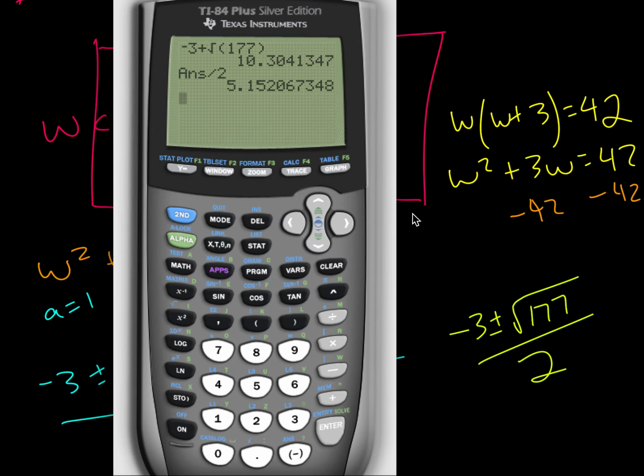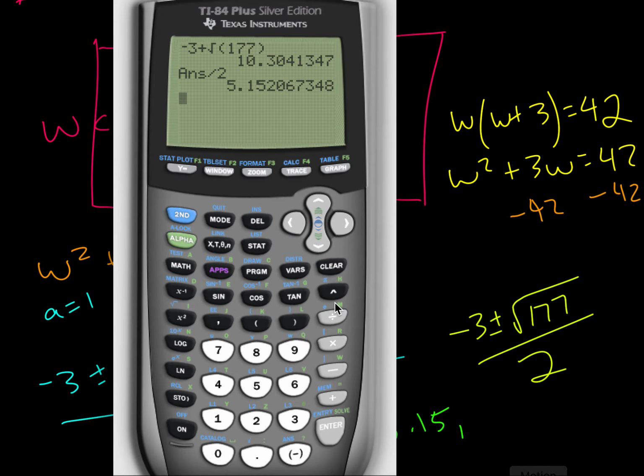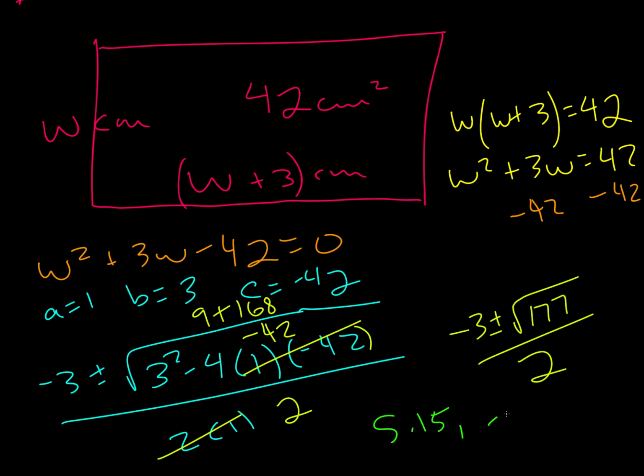So that's 5.15. So that's one of our answers that we get algebraically. Now we're going to say negative 3 minus square root of 177, and then divide that answer by 2. We get negative 8.15.